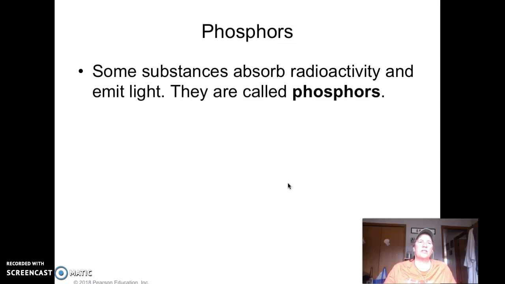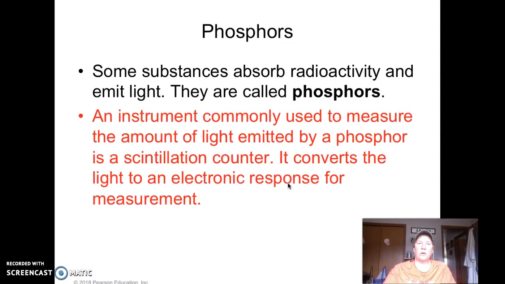Then we said phosphors. Some substances absorb radioactivity, and then they emit light. Phosphors is one. There's an instrument used to measure the amount of light emitted, they call it a scintillation counter.